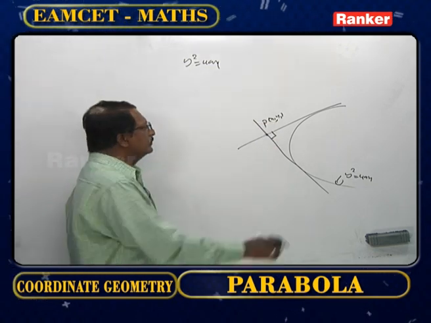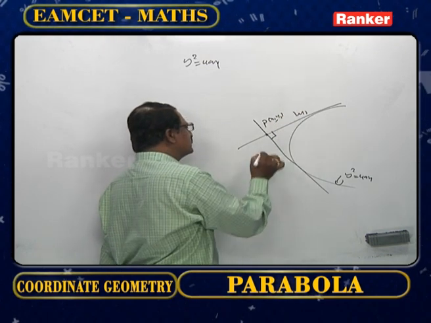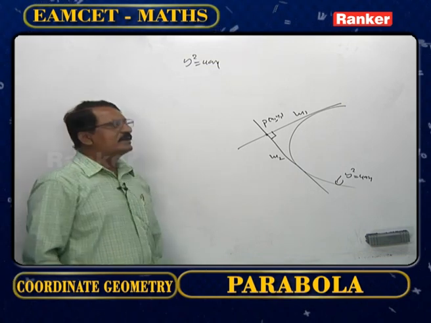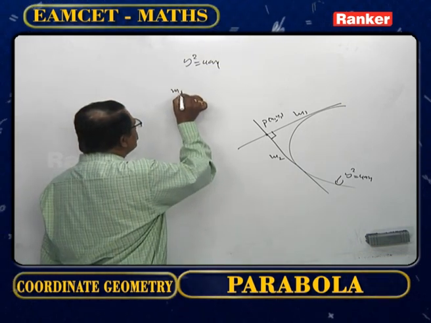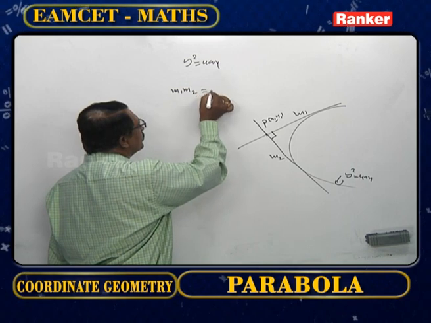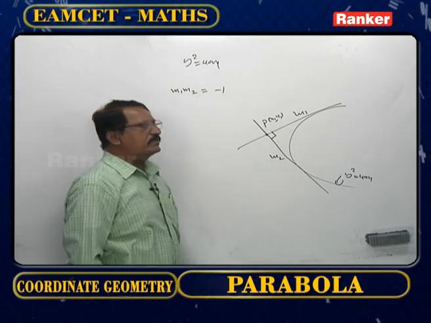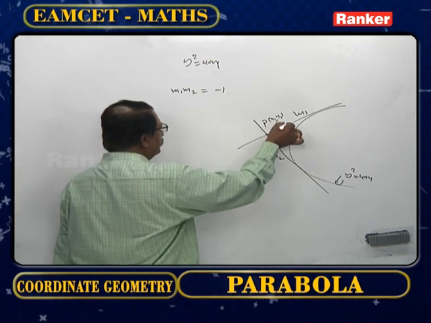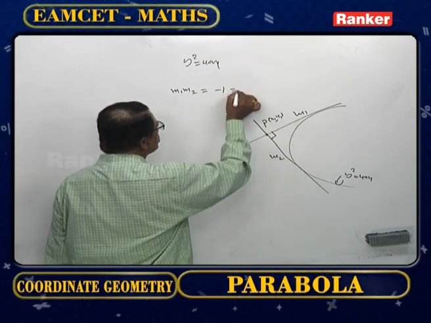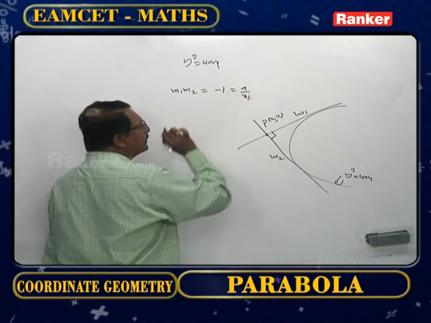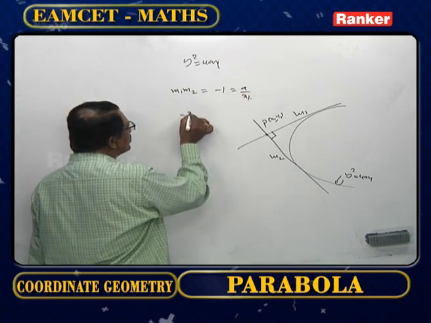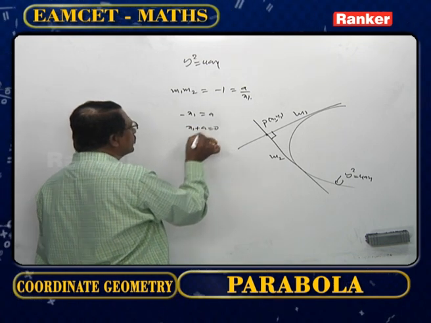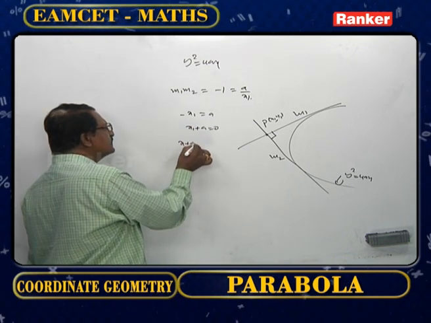Now, suppose the slope of one tangent is m1 and the slope of the second tangent is m2. But the two tangents are perpendicular to each other, so the product of slopes equals -1, m1 m2 = -1. But the product of slopes of the pair of tangents drawn from (x1, y1) to the parabola y² = 4ax is a/x1. Now, -x1 = a, or x1 + a = 0. The locus of (x1, y1) is x + a = 0.